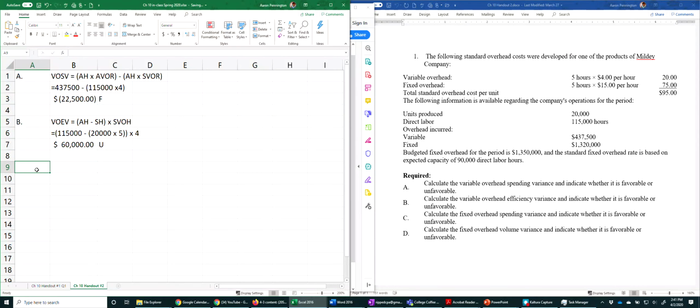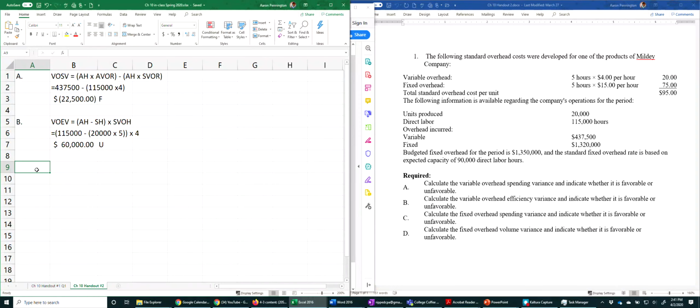Let's press on. And those are your variable overhead variances, your variable overhead spending variance and your variable overhead efficiency variance. Typically, if we were asked to do this in one problem where we computed direct labor and direct materials, you would find that your variable overhead spending variance would parallel the direct labor rate and efficiency variances.